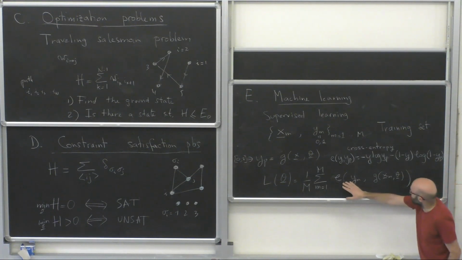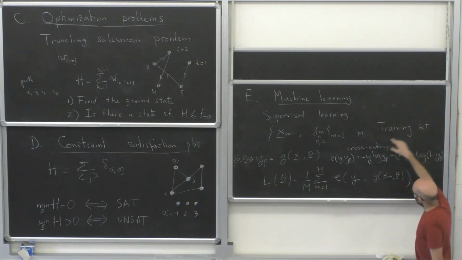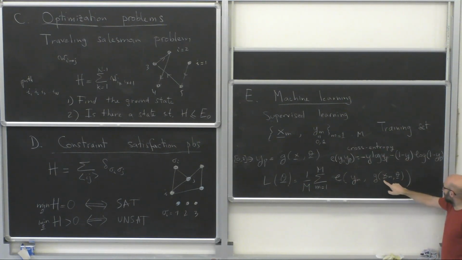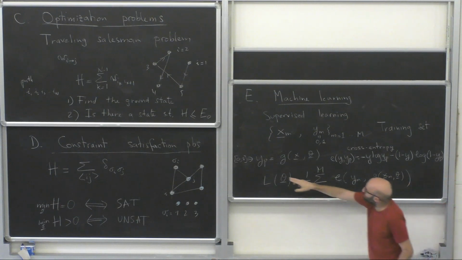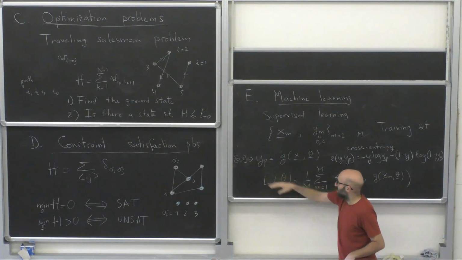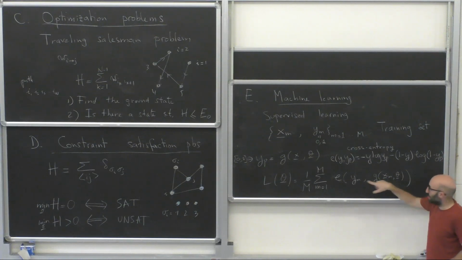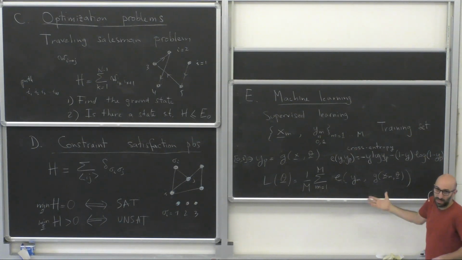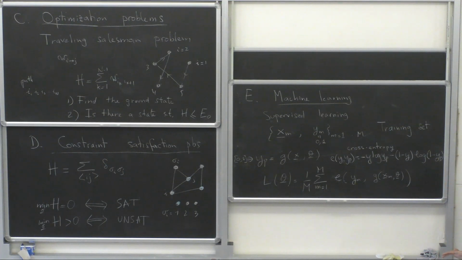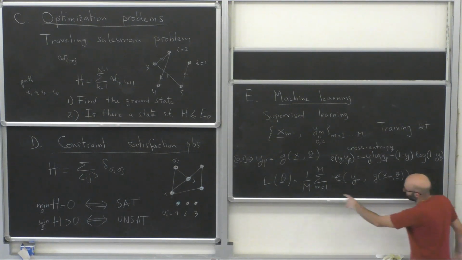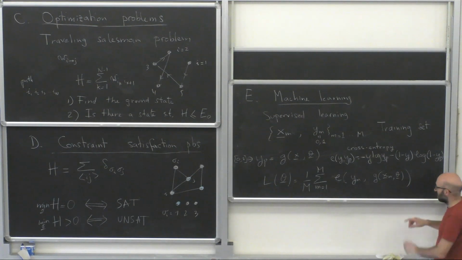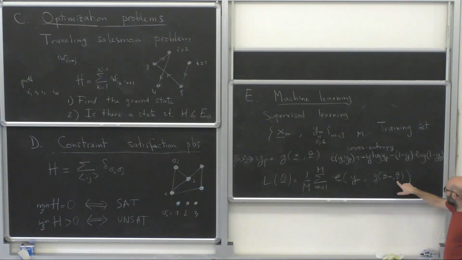Then you take your training data. For each data point, you compute this probability that the label is 1. You compare it with the true label, and then you want to minimize this object over the parameters theta that you have in your function.